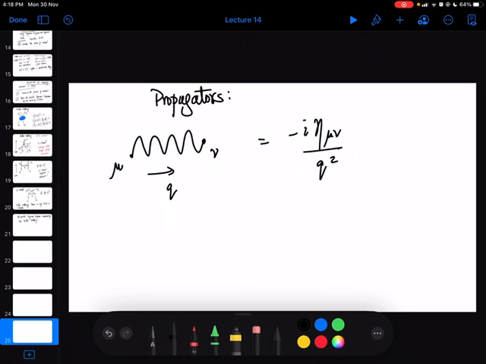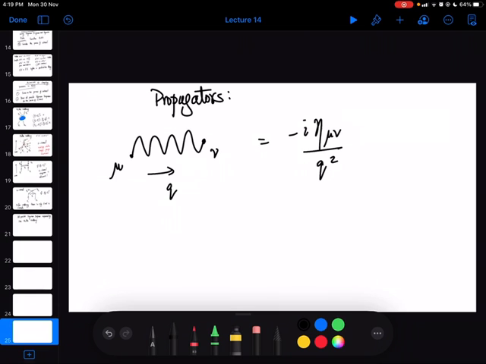The next one would be the propagator of the electron. I think we have done this also. The propagator of the electron is 1 over p slash minus m.